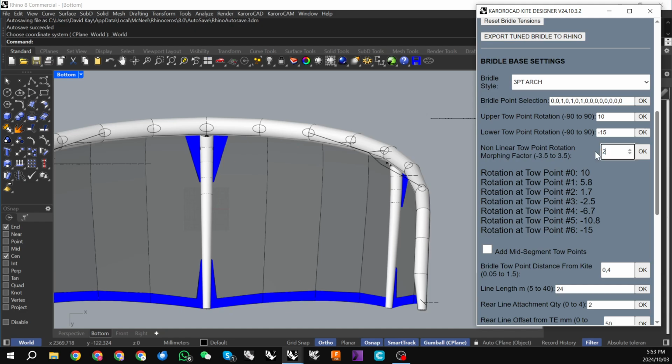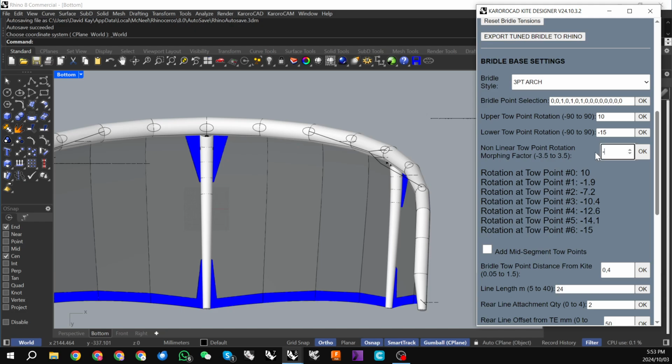So if I put 2 into here, which is quite high, what will happen is this will actually skew the results towards this -15. In fact, only the first toe point is at the +10 rotation, and everything else starts at a negative rotation moving towards that -15.